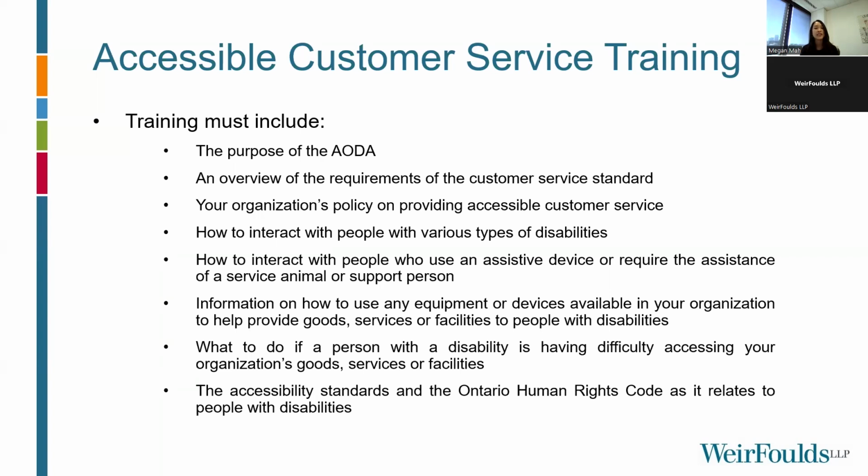So it really depends again on that person's specific responsibilities. But there is nothing preventing you from providing that more comprehensive training to all employees, just to make sure that all of your bases are covered.